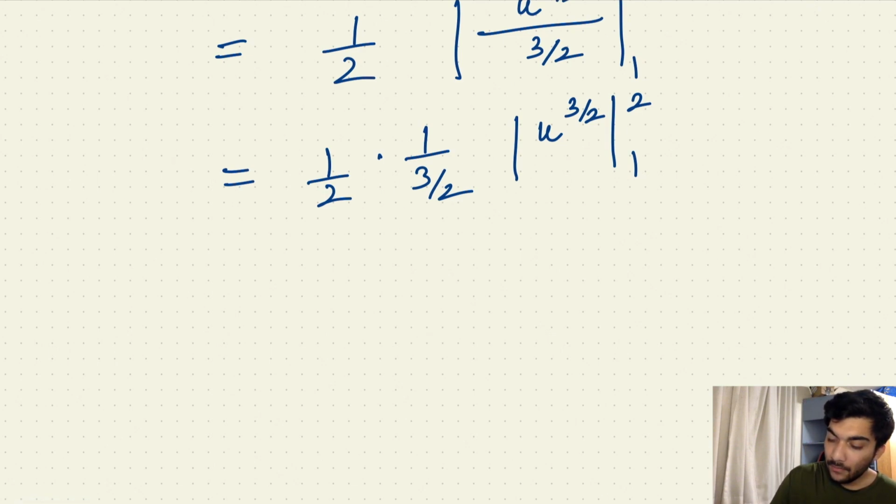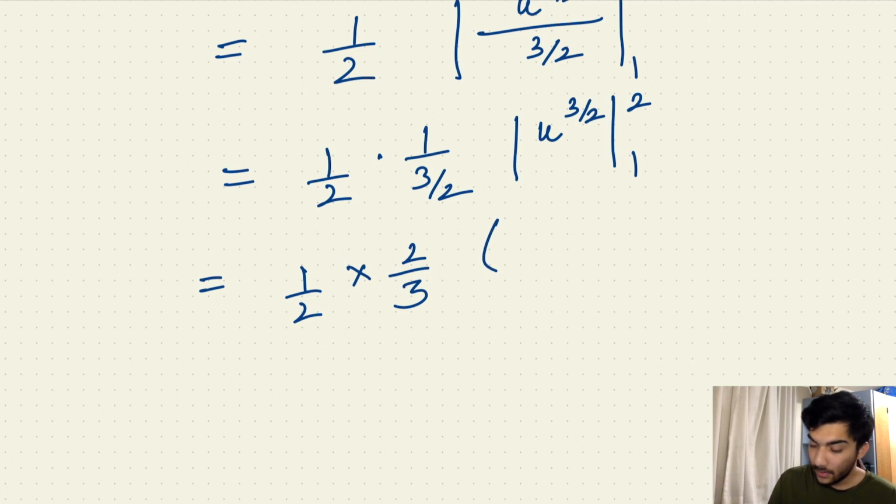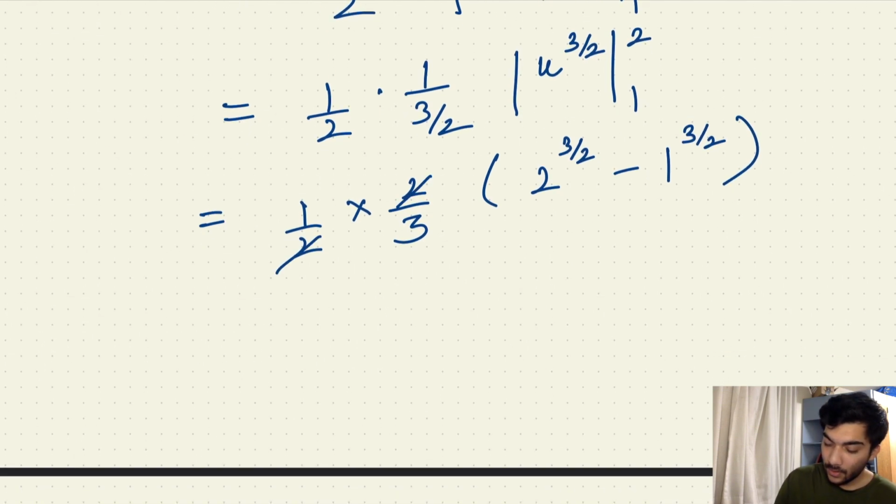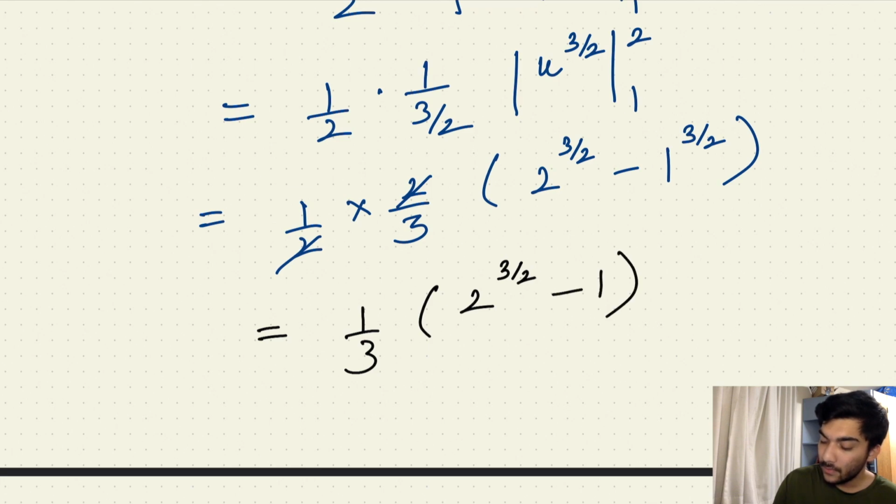So if we multiply this, it would be just 1 by 2 times 2 by 3, and if we substitute the endpoints to calculate the definite integral, it would be 2 to the power 3 by 2 minus 1 to the power 3 by 2. So this can get cancelled out, and the final answer would be 1/3 of 2 to the power 3 by 2 minus 1, because 1 to the power 3 by 2 is simply 1.